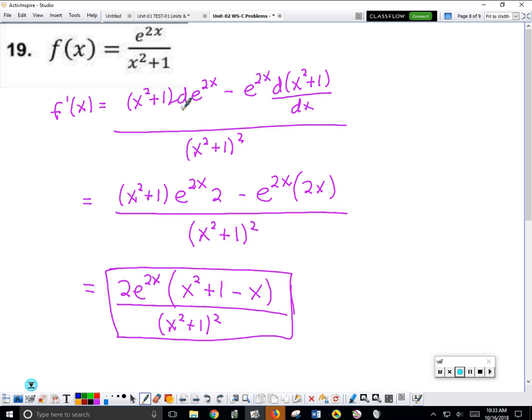So this has to have a dx on it. You've got the derivative of e to the 2x. This piece here is the same. The rule is the derivative of e to the something is e to that same something, times the derivative of that something.